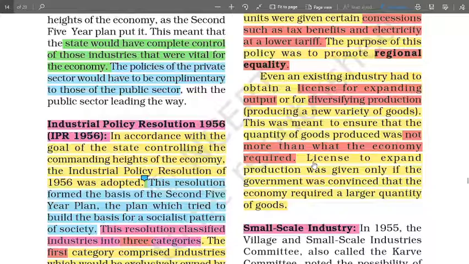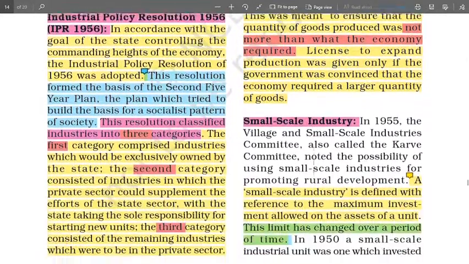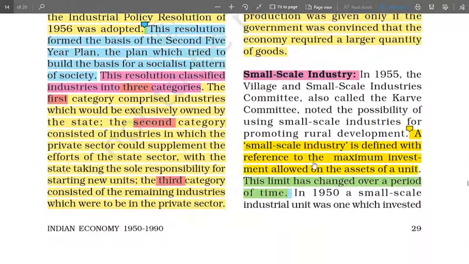Let's first define what a small scale industry is. A small scale industry is defined with reference to the maximum investment allowed on the assets of a unit. How much capital is invested defines the industry. But this limit changes from time to time.